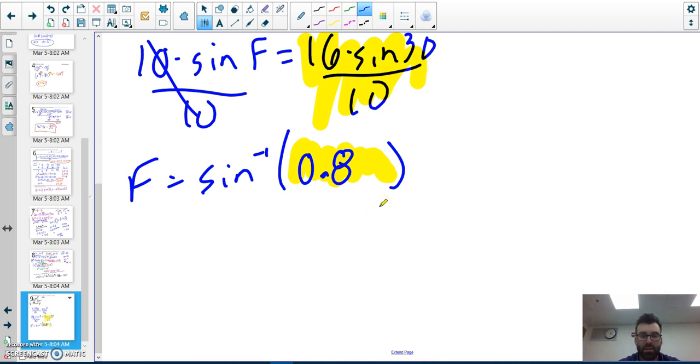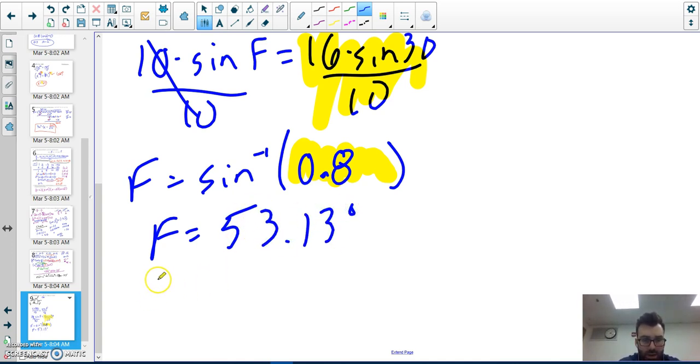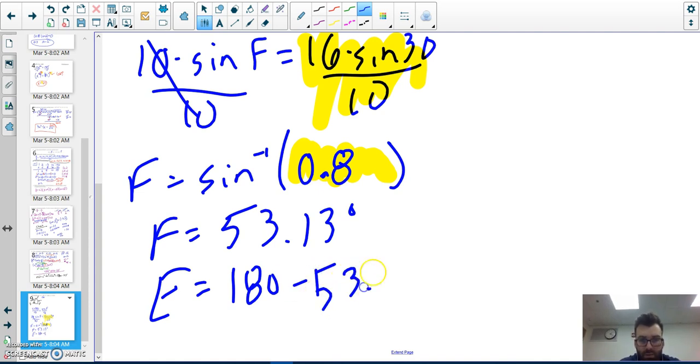I end up taking the sine inverse of 0.8. So F is 53.13 degrees. That means E, which is going to be 180 minus 53.13 minus 30, is 96.87.